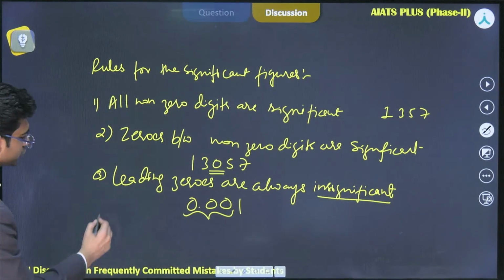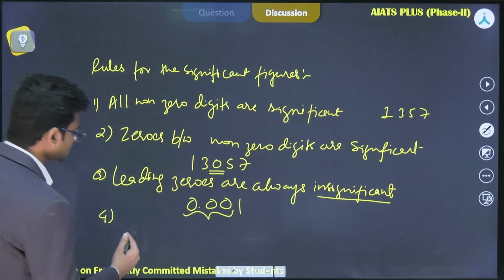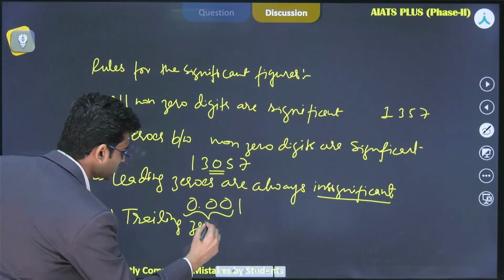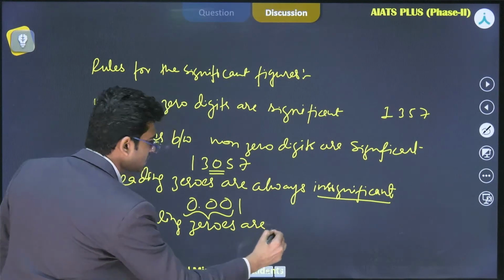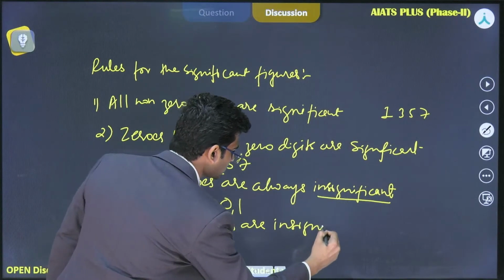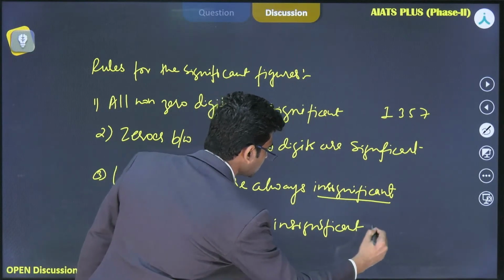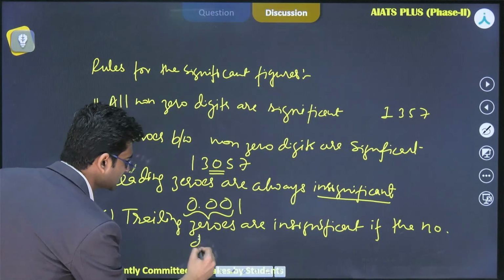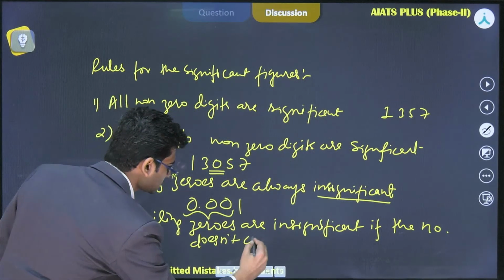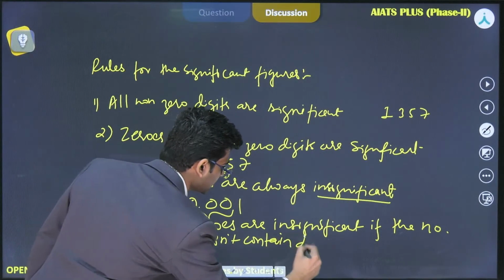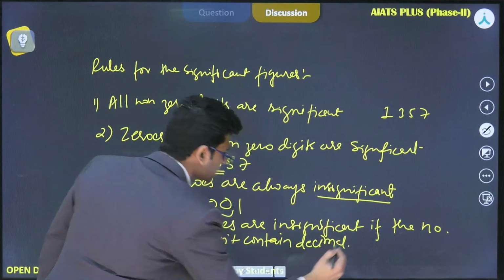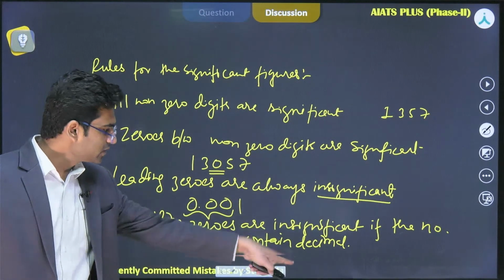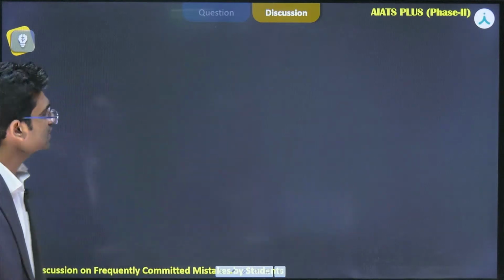The fourth rule is trailing zeros are insignificant if the number doesn't contain a decimal. If there is no decimal in the number, then the trailing zeros in that number would be insignificant. Let's take an example.